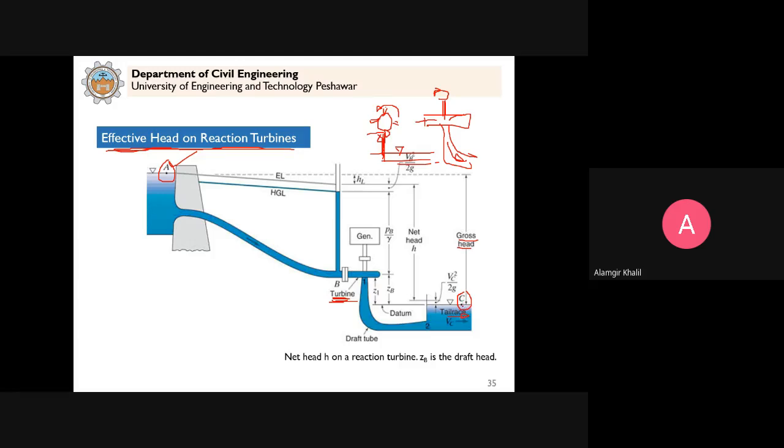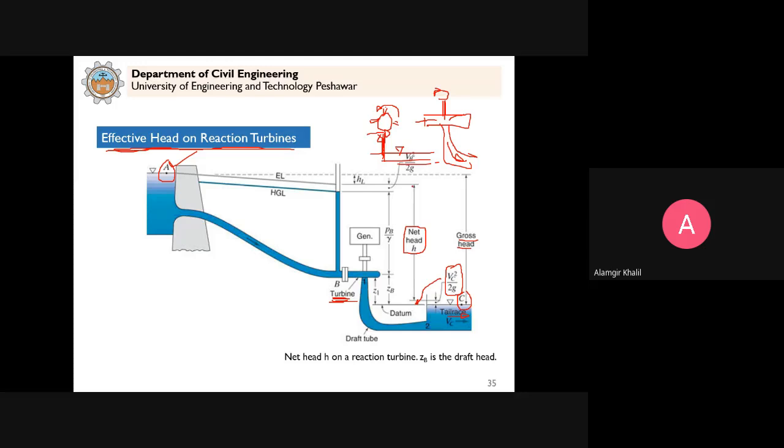So at point C the velocity is not zero, very, very small, but not zero. So that's why the net head that we want to calculate will be minus Vc square by 2g. You see, it is above this tail water by this head.